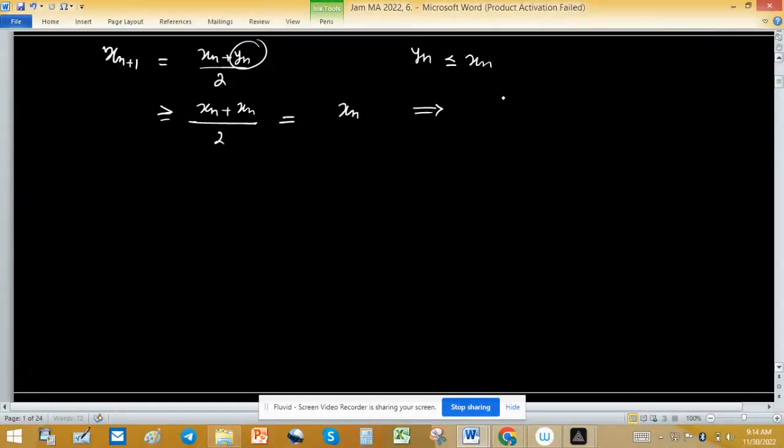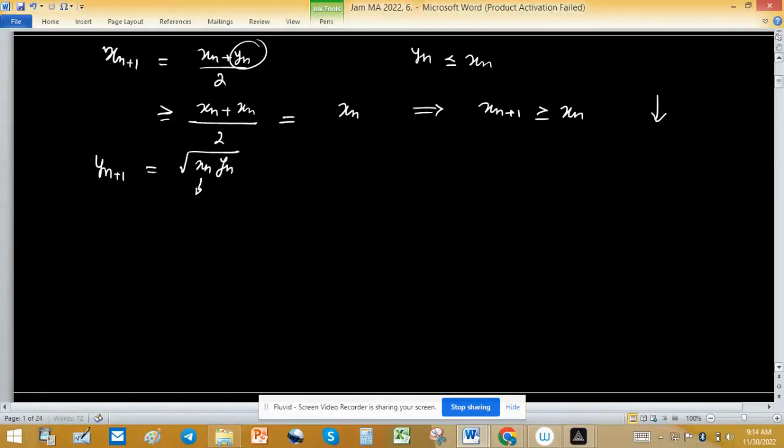From this we have xn plus 1 less than or equal to xn, which means the sequence xn is monotonic decreasing. And yn plus 1 equals the square root of xn into yn.